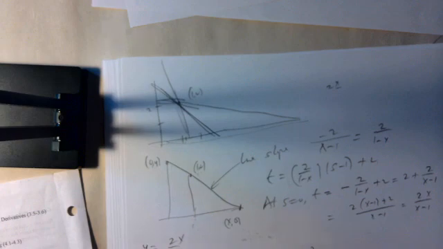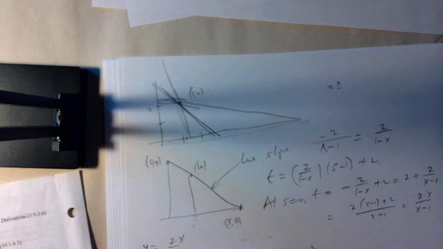So the derivative is x minus 1 squared, the derivative of the numerator times the denominator minus the numerator times the derivative of the denominator. So this is 2x squared minus x squared minus 2x over x minus 1 squared, or x times x minus 2 over x minus 1 squared.